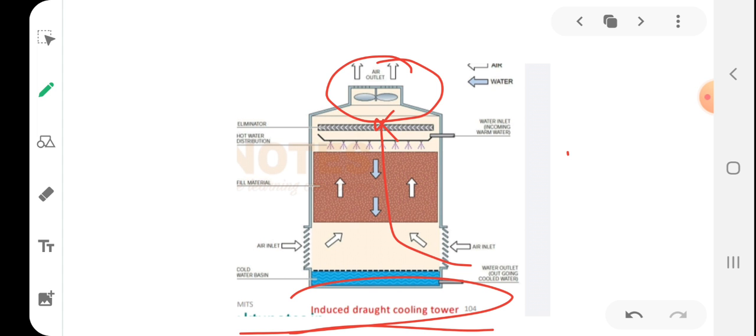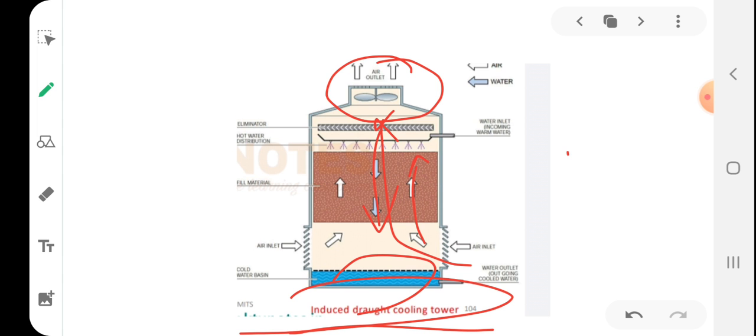The water is sprayed and broken into droplets and is cooled. The water flows downward, the air flows upward, and evaporation naturally takes place, the water gets cool and is collected in the collection basin.